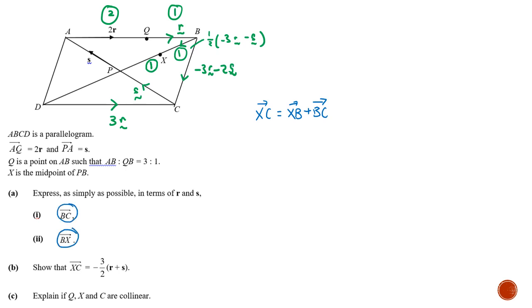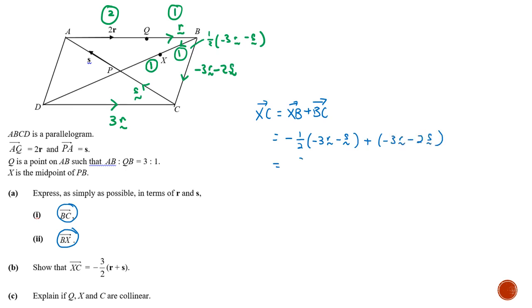So we will just put in vector XB here, which is the negative of vector BX, plus vector BC, which is negative 3R minus 2S.